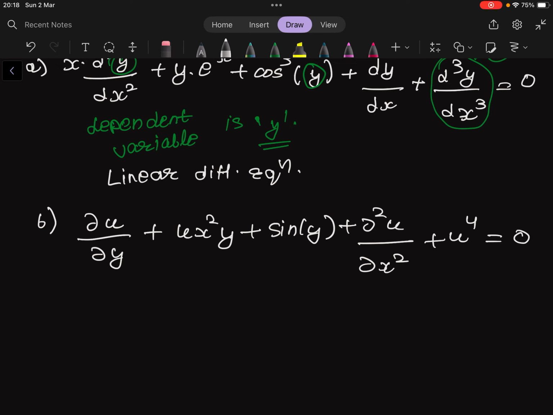So in this case, what is the dependent variable first? The dependent variable is u. And the maximum power is 4. Here the power is 4.